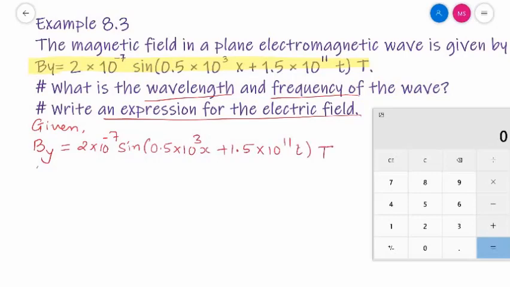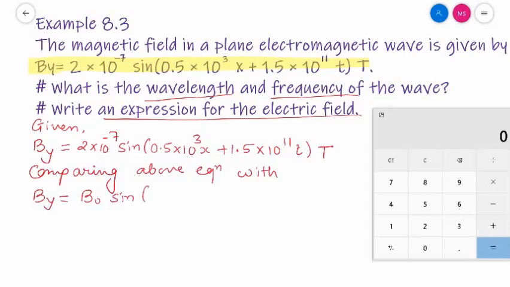Let us compare this equation with the standard equation. Comparing the above equation with our standard equation, B of y equal to B naught sine (kx plus omega t).